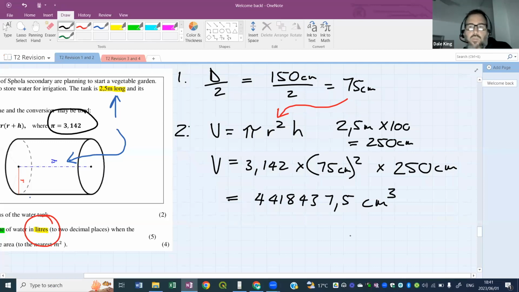Now let's talk about the size of this number. First of all, it's very big. And Sakhile was like, sir, I think something's wrong, this number is very, very big. I don't blame you. It does look big because when you apply a square to a number, it makes it very, very big.